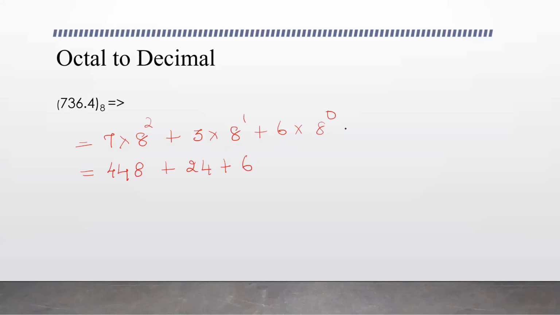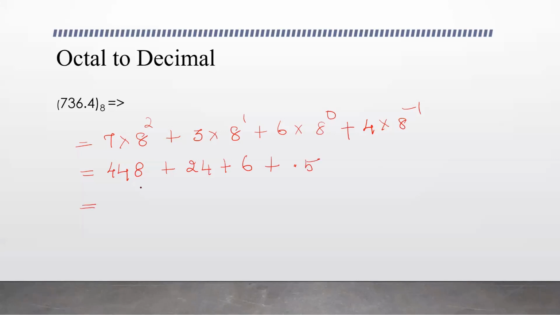Sorry, here we missed this fractional digit. The digit is 4. So we write 4 into 8 power minus 1. As it comes after the decimal point, we start from minus 1, minus 2, and minus 3 like that. So here we have 4 into 8 power minus 1. So it is 4 into 1 by 8, right? So 1 by 2, which is 0.5.